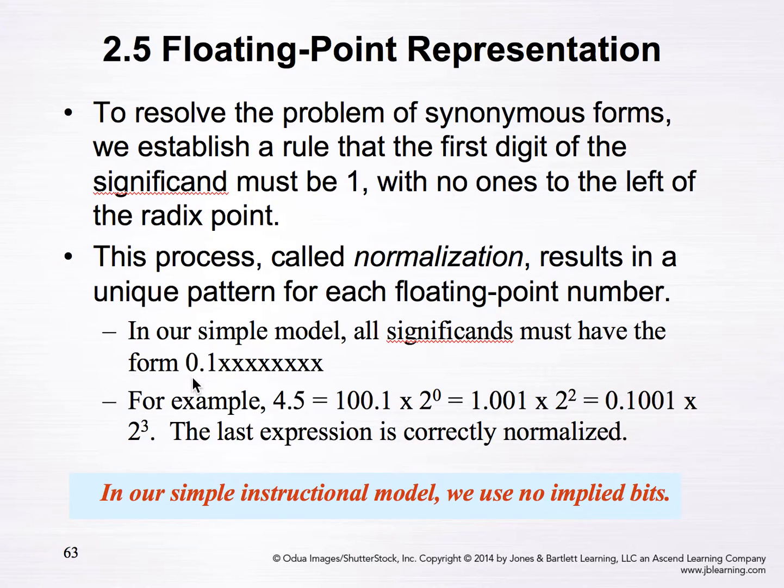That's the normalized form. For example, if we have the number 4.5, 4 can be represented by 1, 0, 0, and 0.5 can be represented by 0.1. So this is the same as times 2 power 0, because 2 power 0 equals 1.